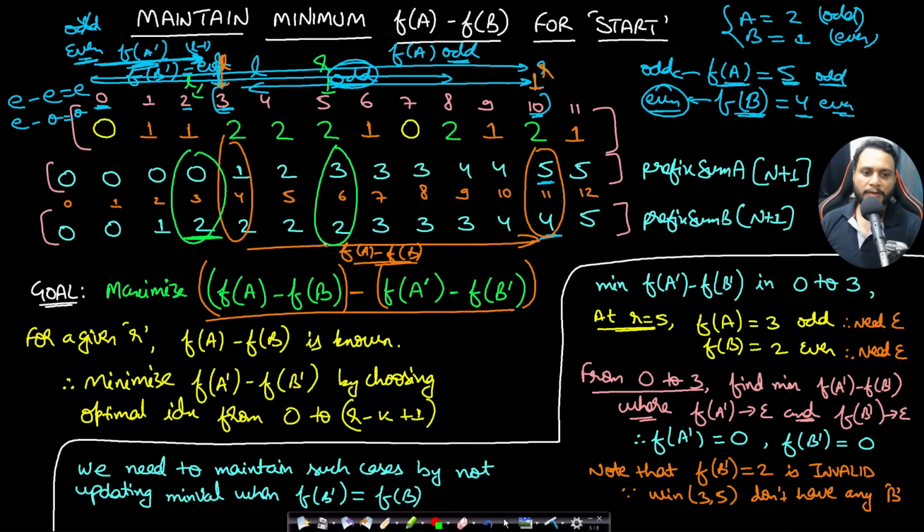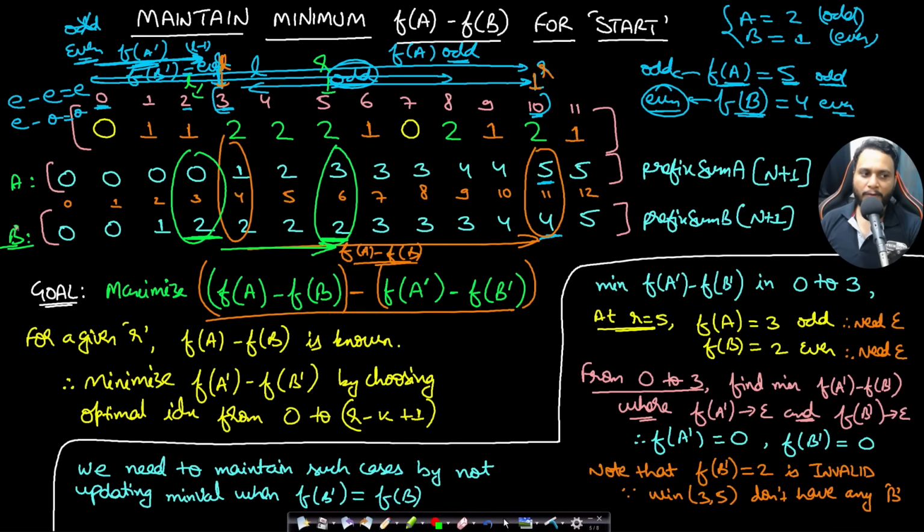If you look at these two values are same, this means in between to the right hand side, there is no occurrence of B. So if there is no occurrence of B, then simply this is not a valid window, right? This is not a valid window.